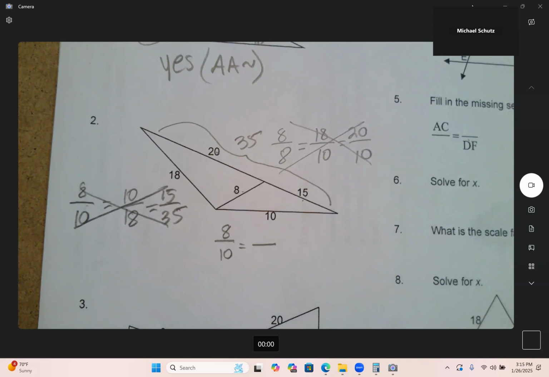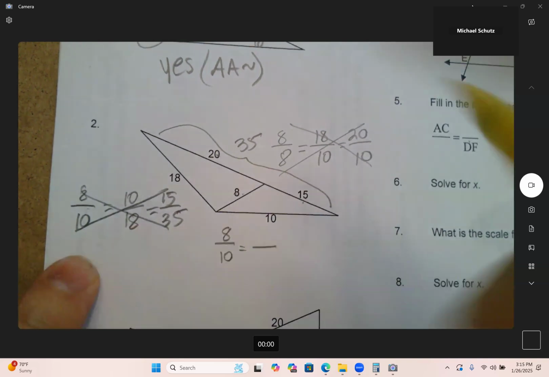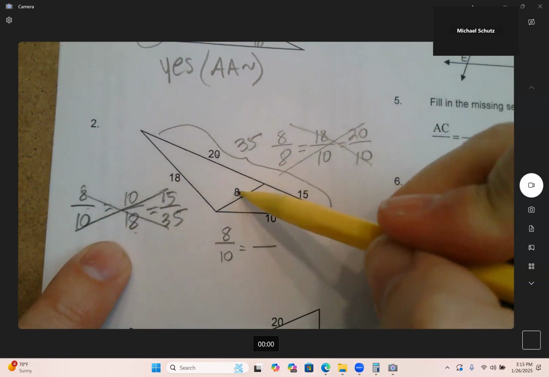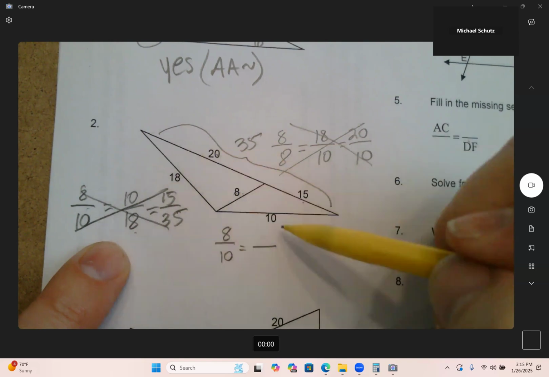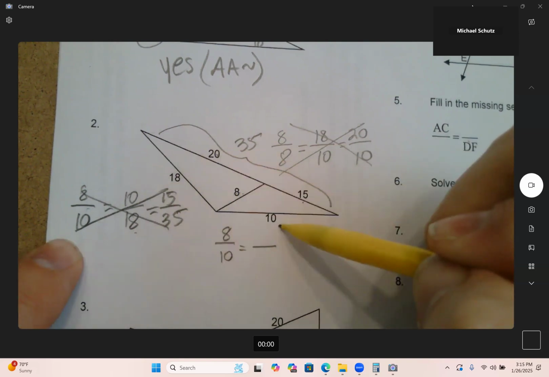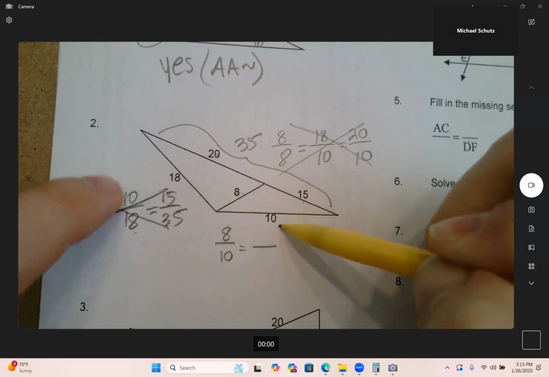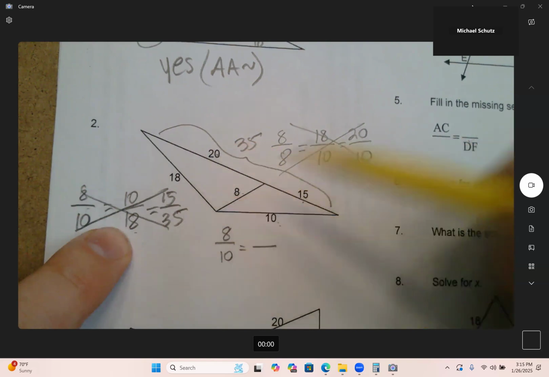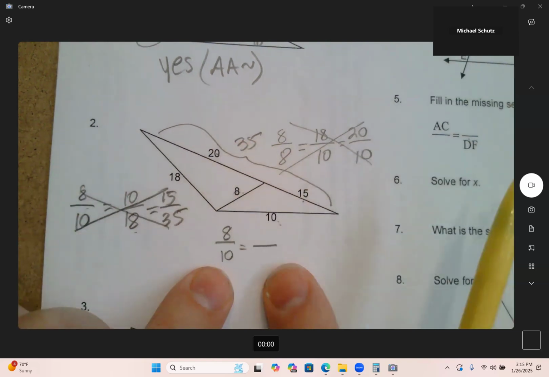Okay, before I go any further, let me go back. I just realized I messed this up. It's not 18 here. So 8 in the small triangle goes with 10. In the big triangle, medium size 10. Okay, that's actually right. I'm sorry.